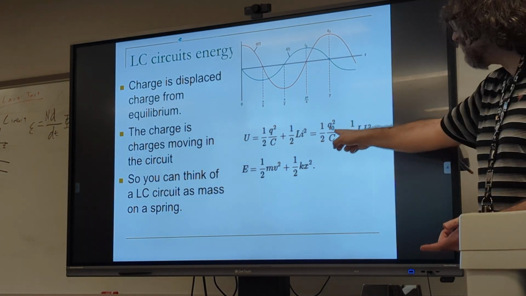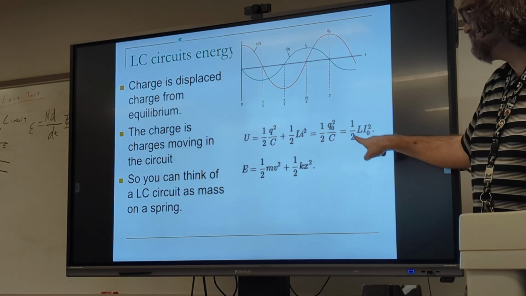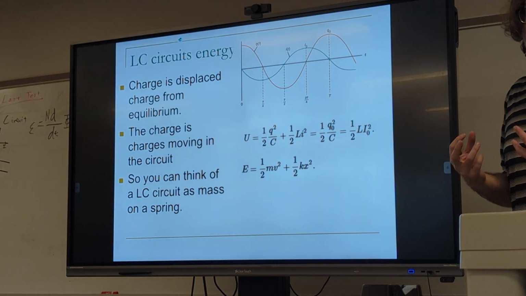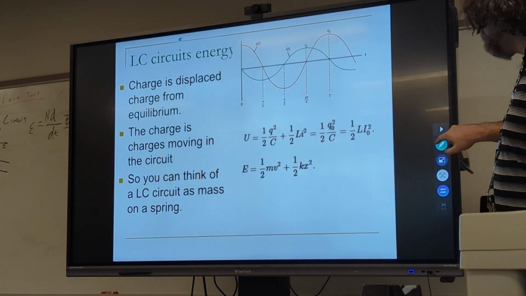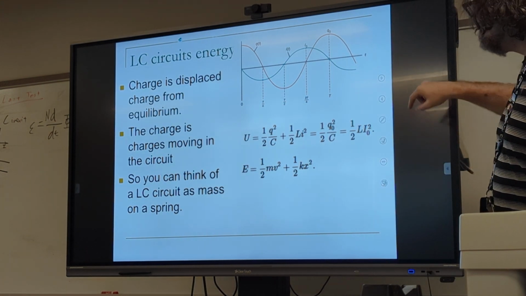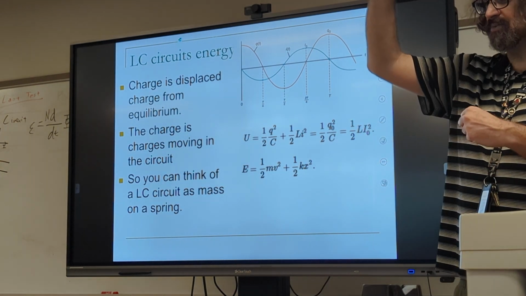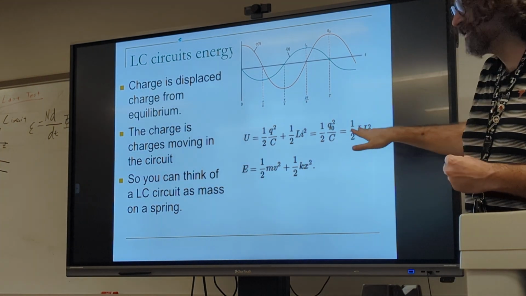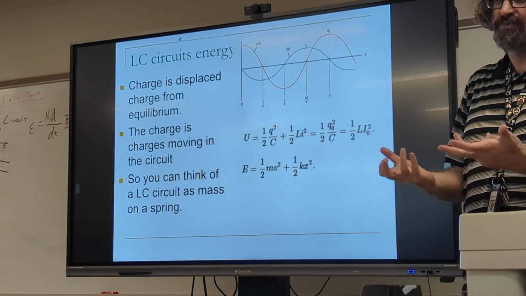I understand they both have U in them, but you can also think of the inductor's energy as the kinetic energy of the circuit. Kind of. And if you notice, maximum potential energy is when kinetic energy equals 0. Maximum kinetic energy is when the potential energy equals 0.